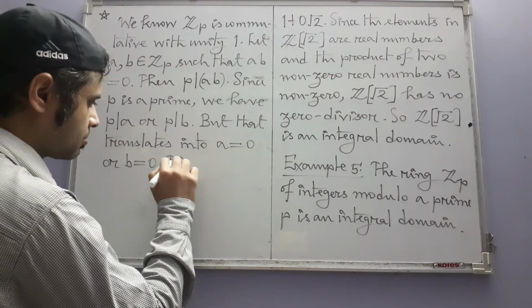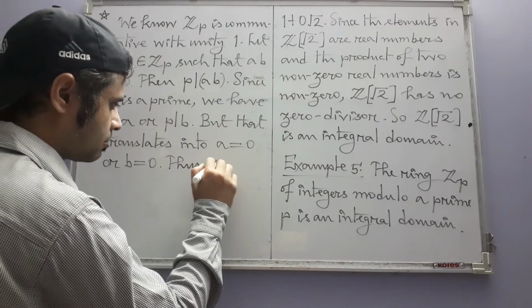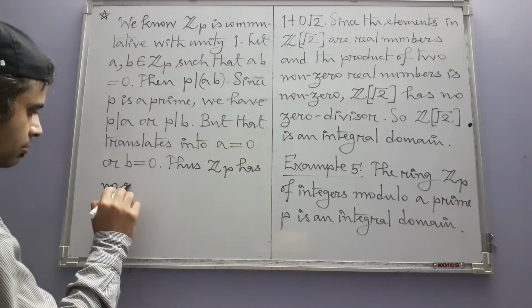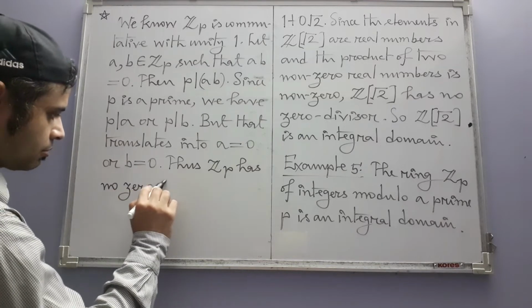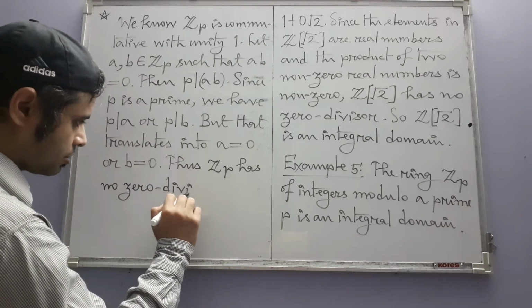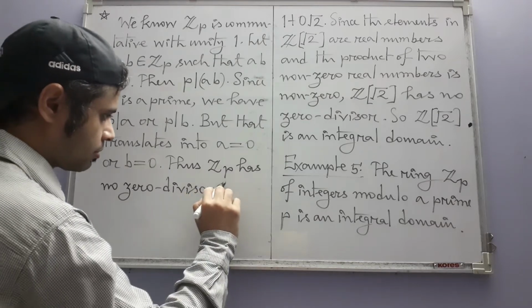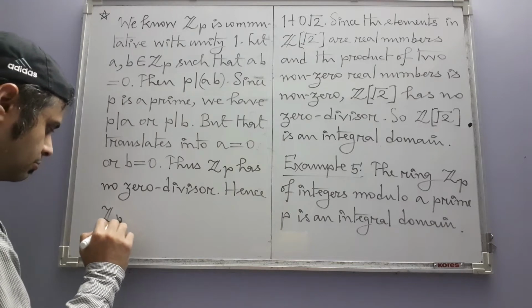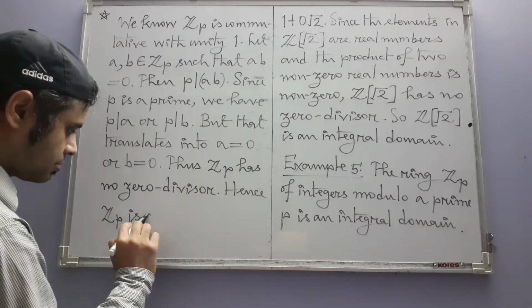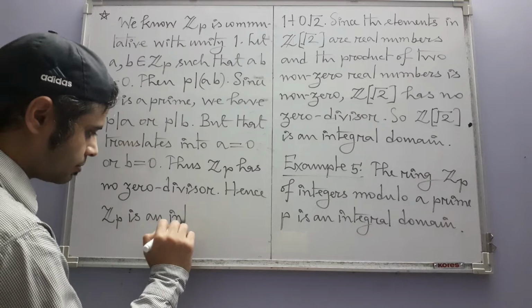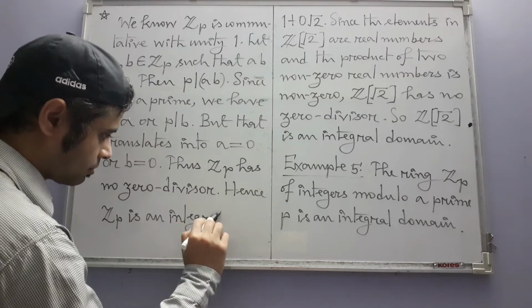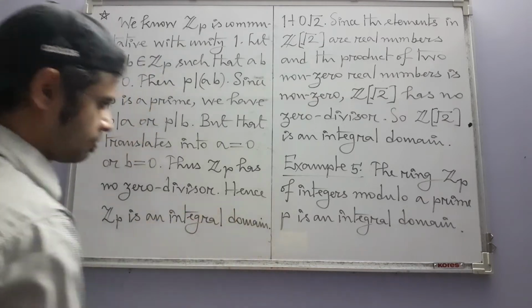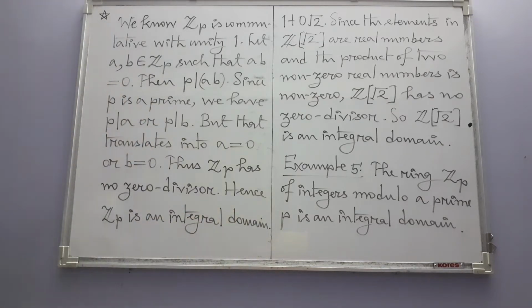Thus, this has no zero divisor, hence this is an integral domain. So that is the fifth one.